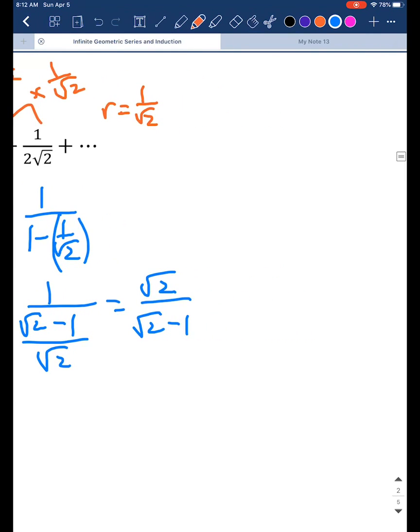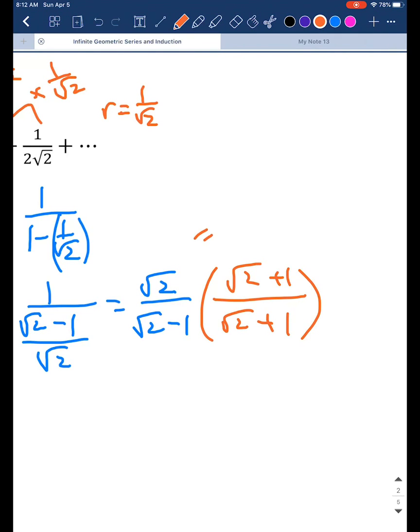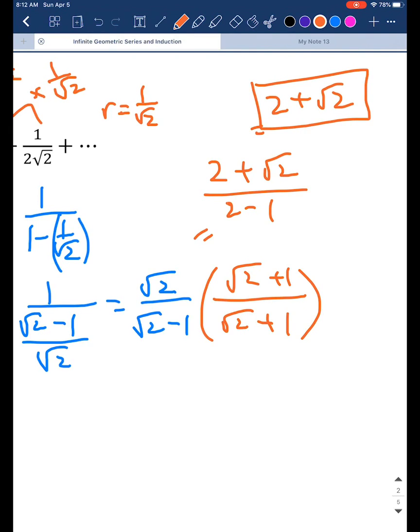So if we wanted to leave it in that form, we could, and that's a perfectly fine form for our answer to be written as. But if you want to rationalize, you can rationalize. So we would end up with 2 plus rad 2 over, on the bottom we would get 2 minus 1, which is equal to 2 plus rad 2. And that would be the sum of our series.